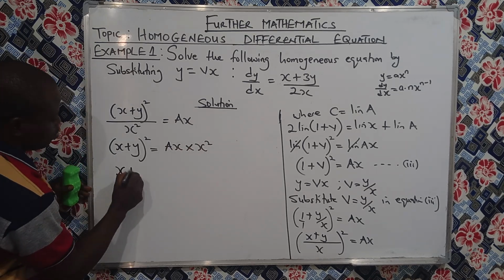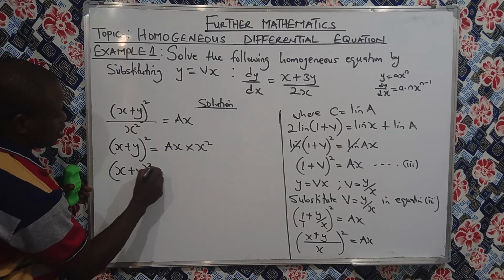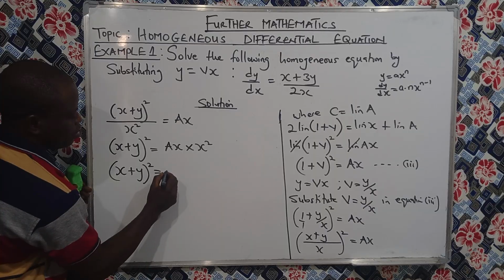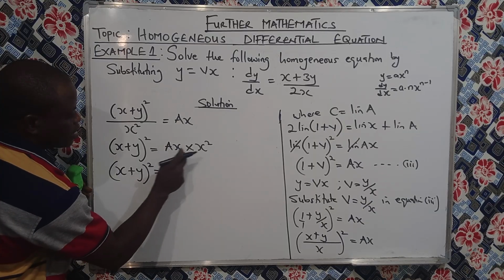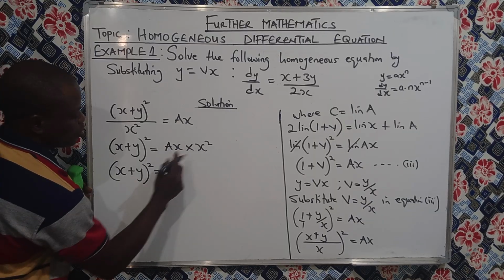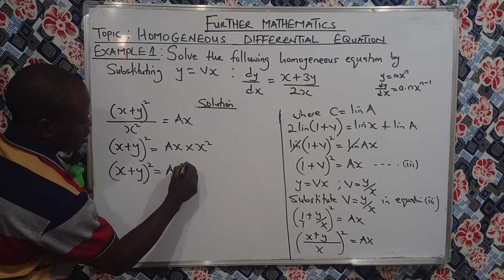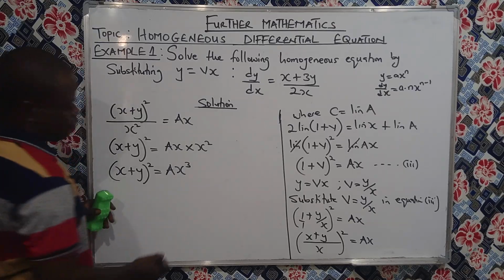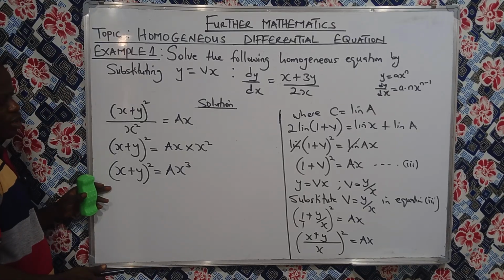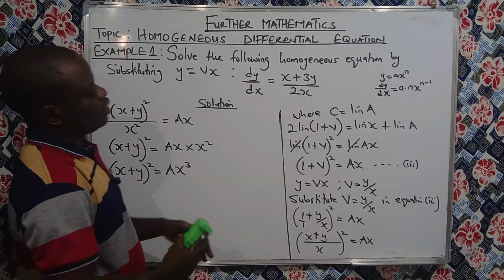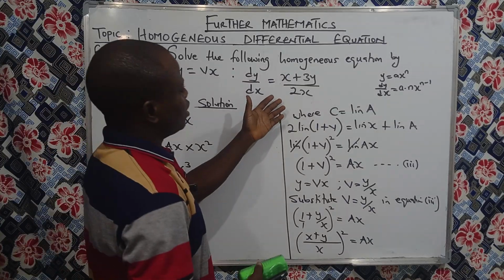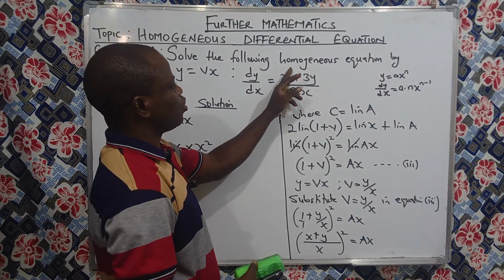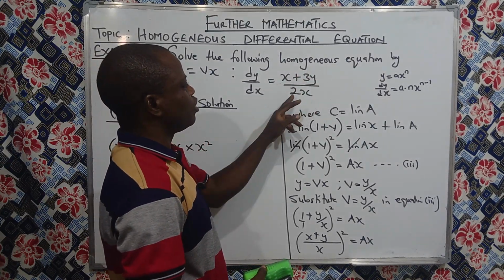So x plus y squared equals ax times x squared, that's ax cubed. You can see this is the final expression, and don't forget that the terms have the same power: x raised to power 1, y raised to power 1.